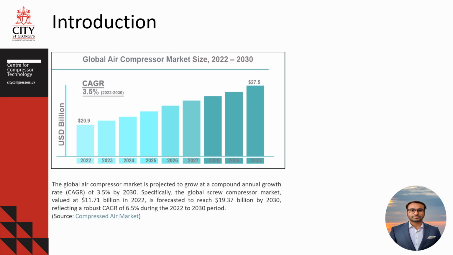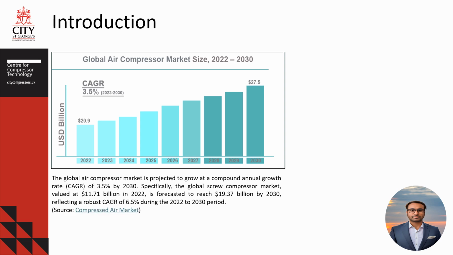However, the global air screw compressor market is expected to grow at a CAGR of approximately 6.5%. With this rapid growth, it's essential to develop products that are low in carbon emissions and sustainable.